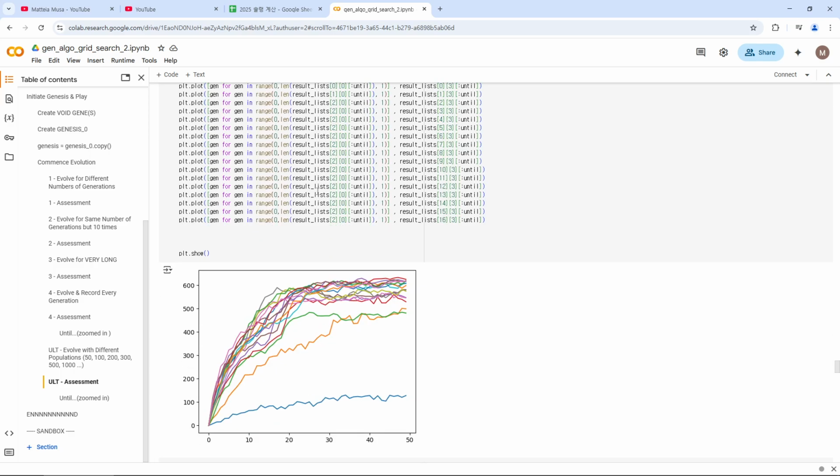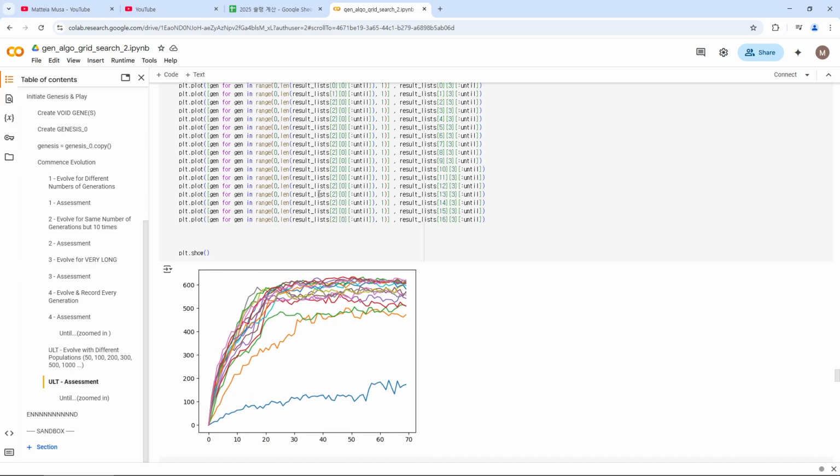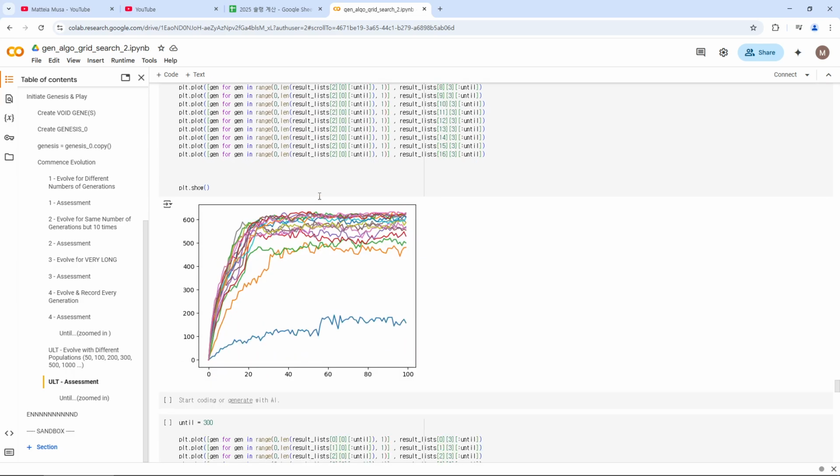So the key takeaway here is that more population certainly does help. Then again, you can't have an infinite population, because that would be too computationally heavy, and that's not why we're doing this.